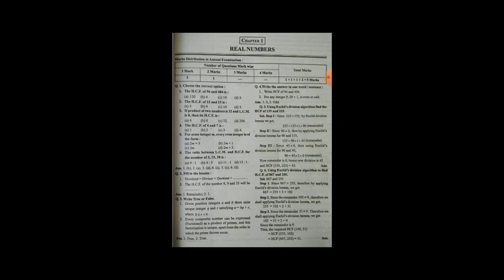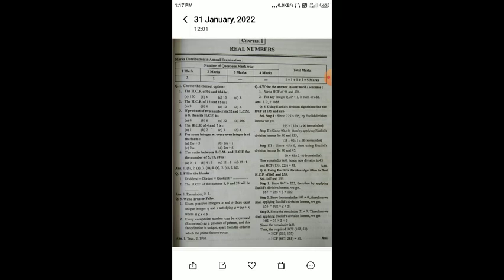Now we will divide 135 by 90, we will get quotient 1, and 45 is the remainder. And similarly the same step we will follow in the next step also. 90 will be now your dividend, and 45, which is the remainder, is now your divisor. When we divide it, we will get remainder 0.